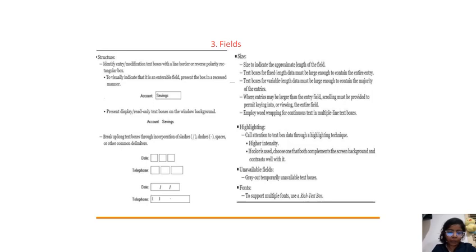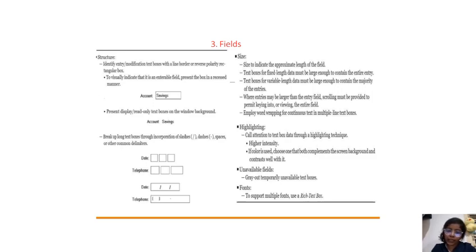When it comes to size, the size indicates the approximate length of fields, and text boxes for fixed-length data must be large enough to contain the entire data. Text boxes for variable-length data must be large enough to contain the majority of the entries.